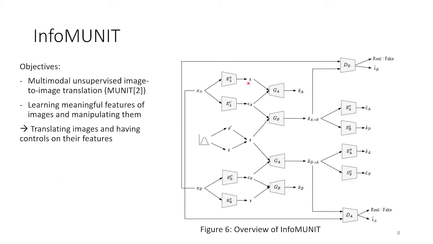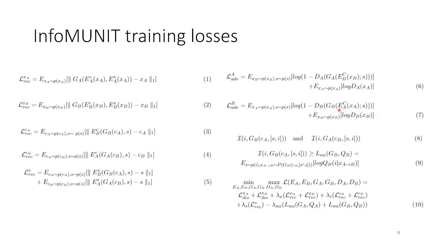It should look similar to the original one. Besides the architecture, we have a bunch of training losses. As I explained before, in equations 1 and 2, we have the reconstruction loss for the image. Similarly, we have the reconstruction loss for the content, and then the reconstruction loss for the style.